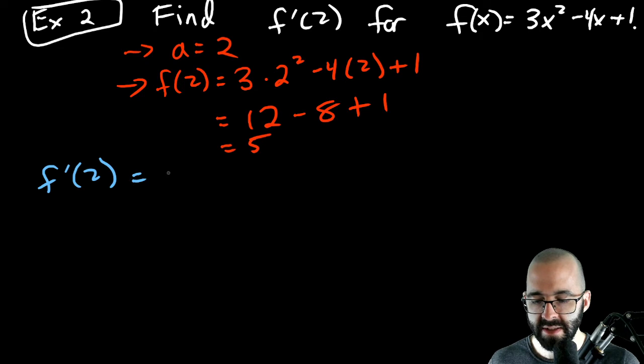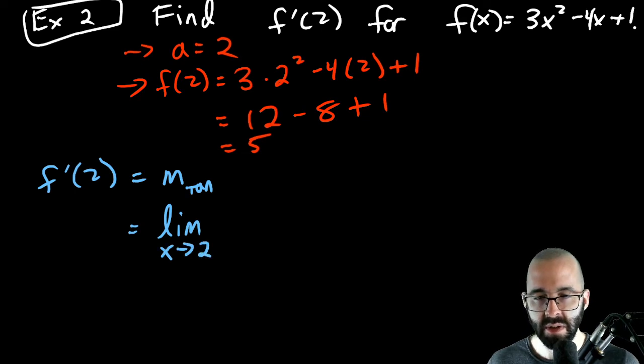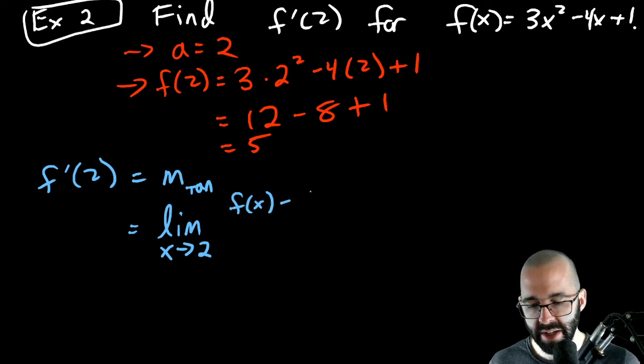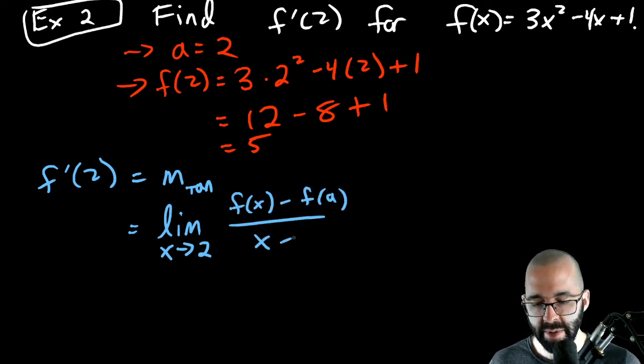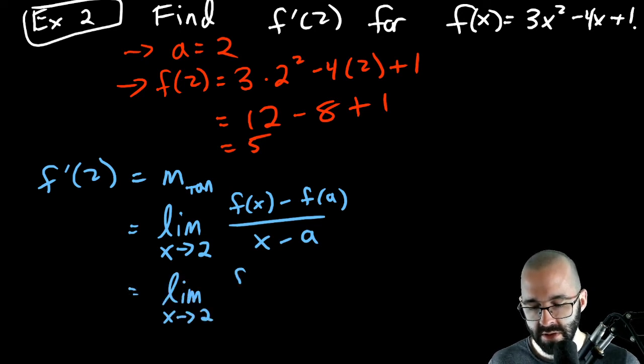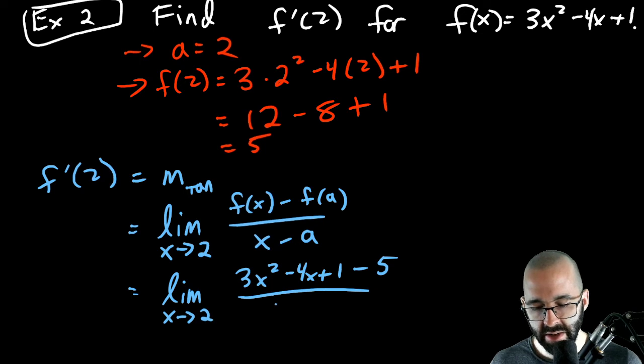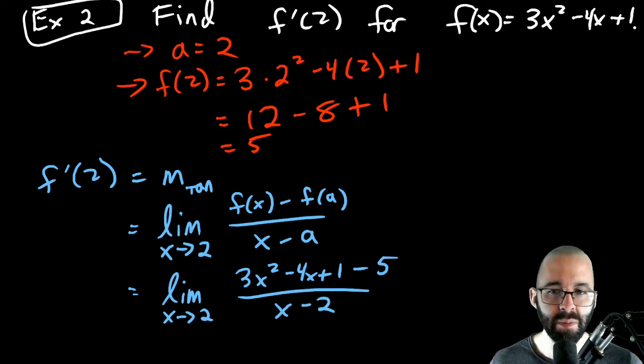f prime at 2 is the same as the slope of the tangent line at 2, which is the limit as x approaches 2 of the slope of that secant line. f of x minus f of a divided by x minus a, and a is 2. It becomes f of x, which is 3x squared minus 4x plus 1, minus f of a, we said was 5, divided by x minus a, which is 2, and we just simplify.